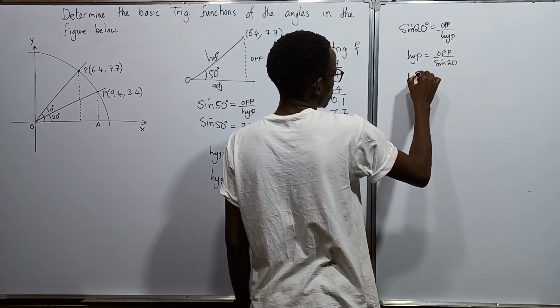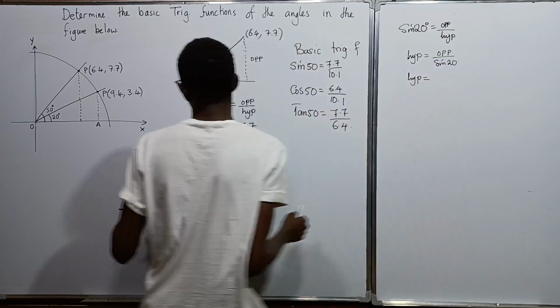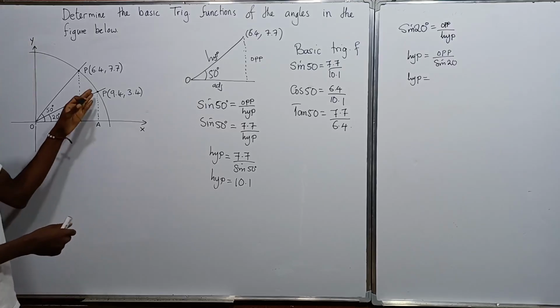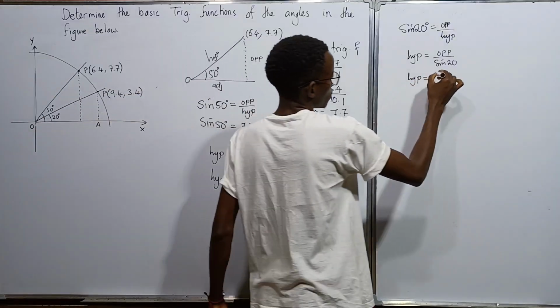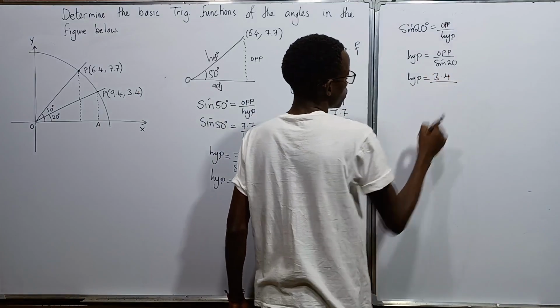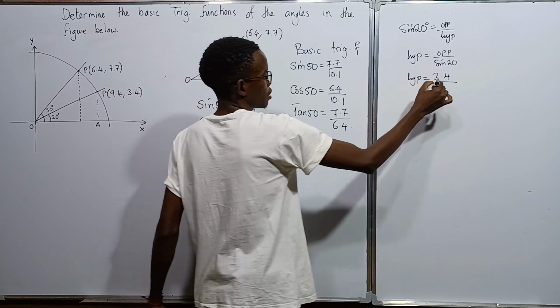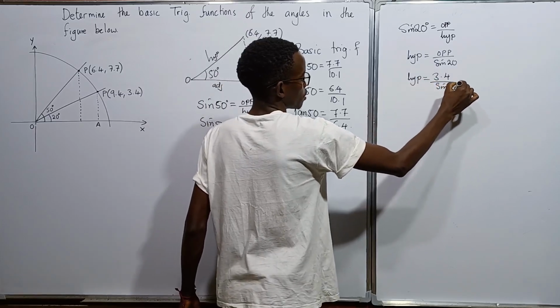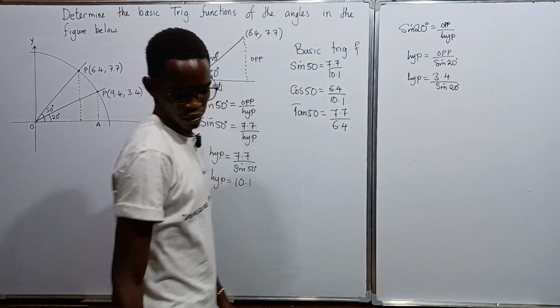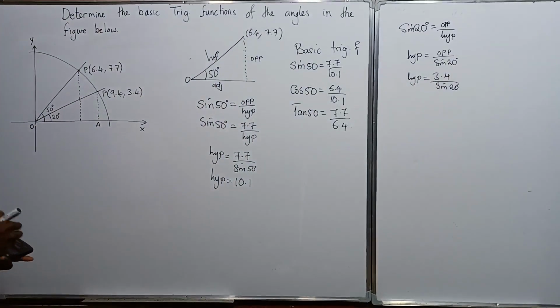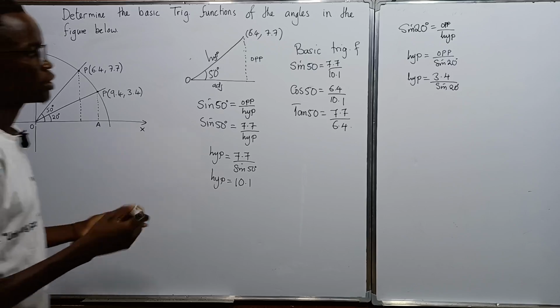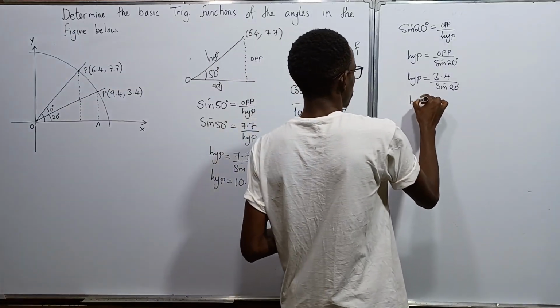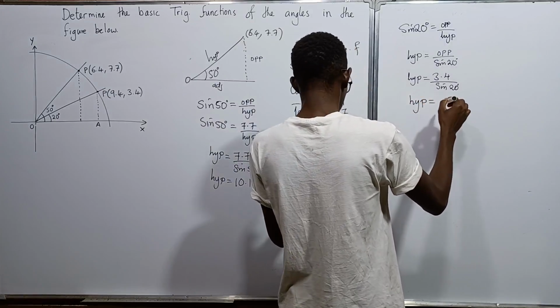The opposite for that angle is 3.4, so 3.4 over sine 20 degrees. Let's find out what 3.4 divided by sine 20 is.